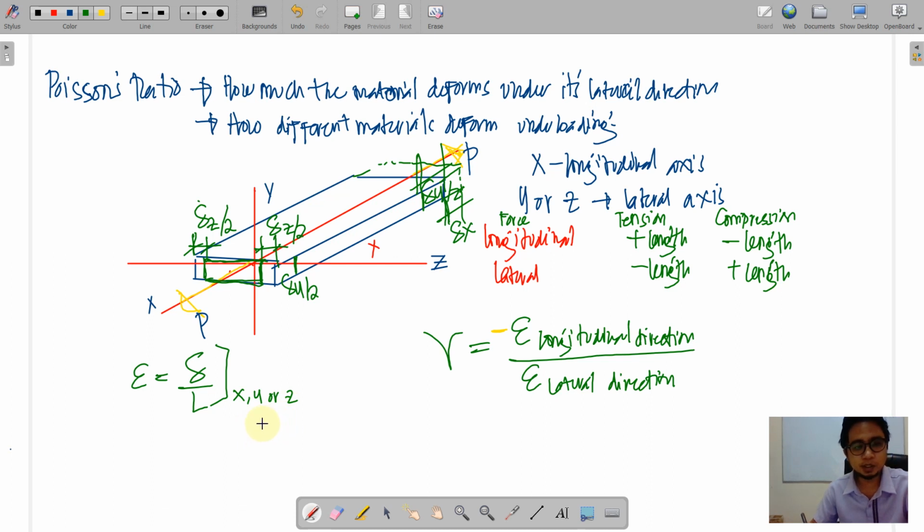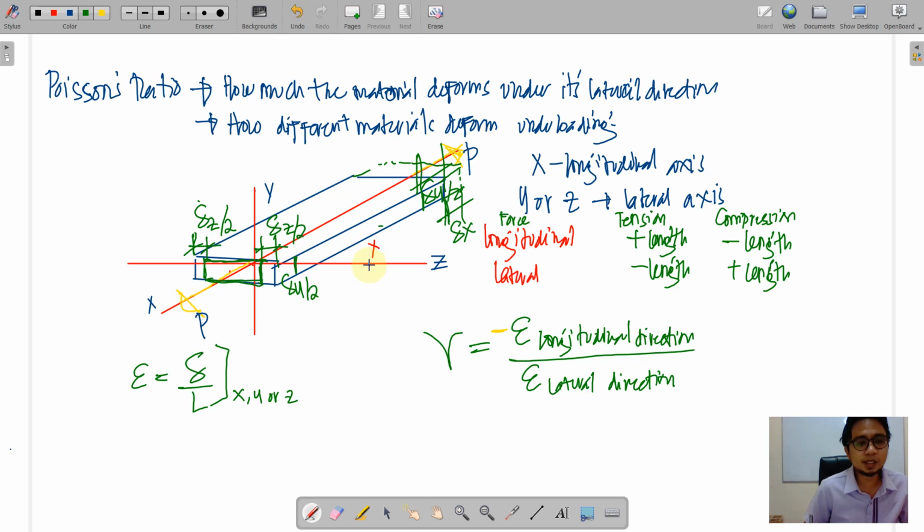So what is important in using the Poisson's ratio formula is that dapat alam mo kung ano yung longitudinal at lateral, because hindi naman lahat ng oras nasa x yung ating axial load. So kung nasan yung axial load, yun yung longitudinal axis ng ating material. Say for example, in-apply ko yung compressive force sa Z, then our longitudinal axis is a compressive force at Z. Okay?